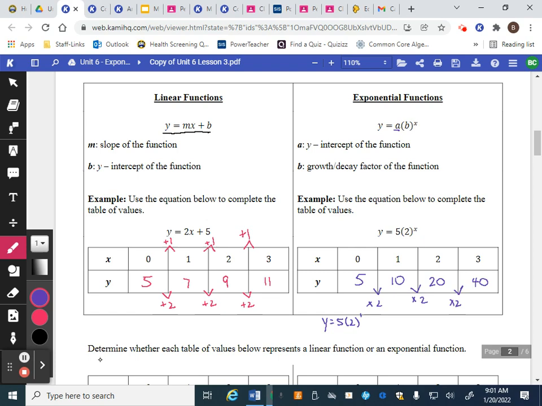That's how many times we're going to multiply by 2. So for that exponent where x is 1, 5 times 2 is 10. When the exponent is 2, we multiply 2 times 2. 2 times 2 is 4, times 5 is 20. So we're adding another 2 every time because that exponent's getting larger.